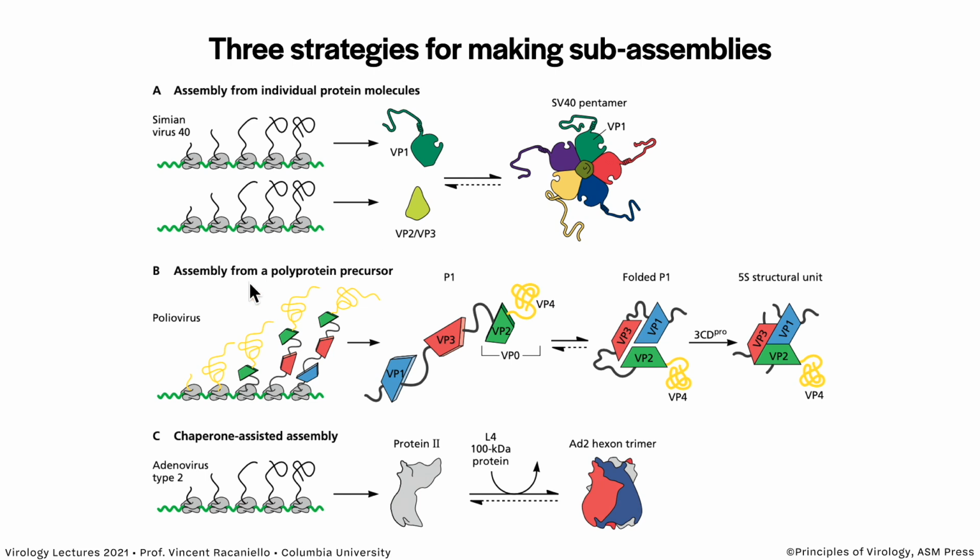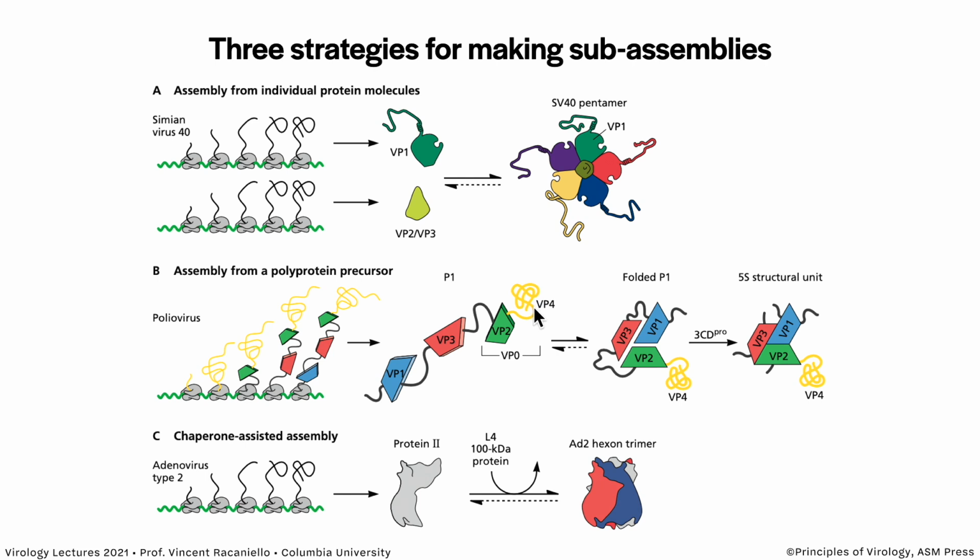The alternative is to make a polyprotein precursor. What is a polyprotein precursor? It's a long protein that is translated and cleaved by a protease. So here the example is poliovirus, where the capsid protein is being translated on ribosomes. Here's VP1, VP2, 3, and 4.